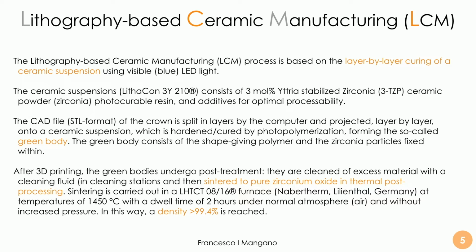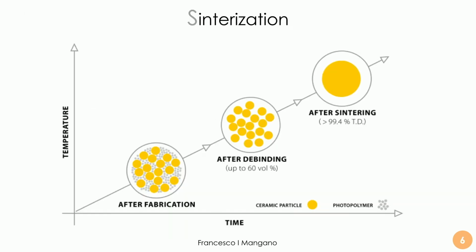Sintering is carried out in a furnace at a very high temperature, like 1450 degrees, with a dwell time of 2 hours under a normal atmosphere and without increased pressure. In this way, we can eliminate all the resin. We can obtain a dense, more than 99.4, 99.6% amount of zirconia in these blocks and in these restorations.